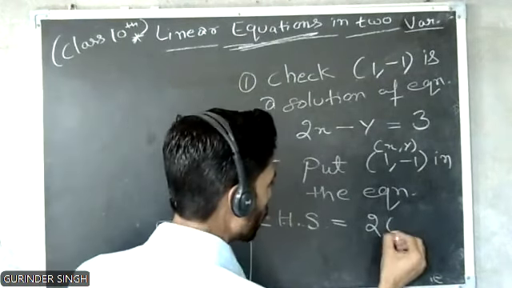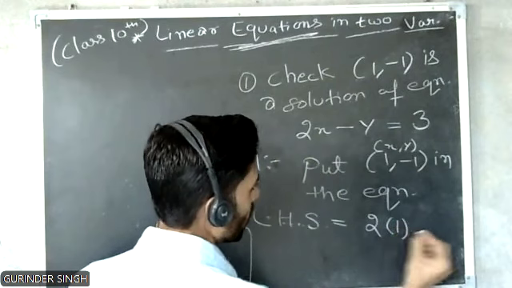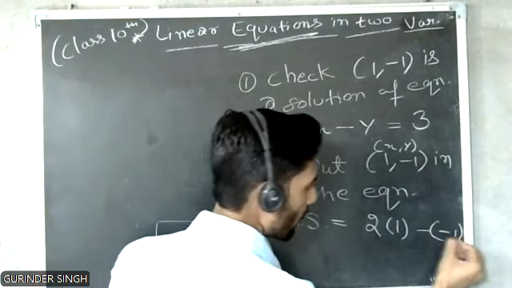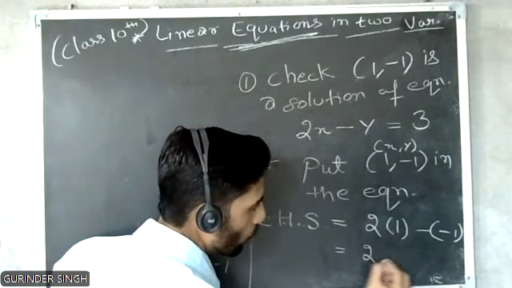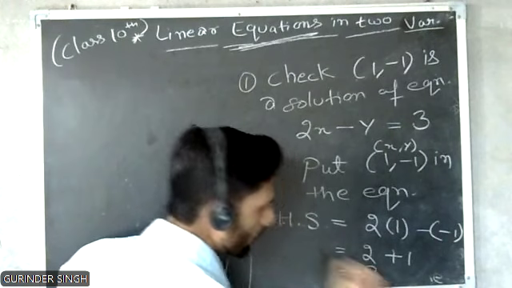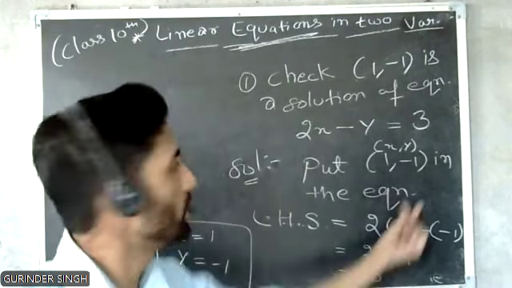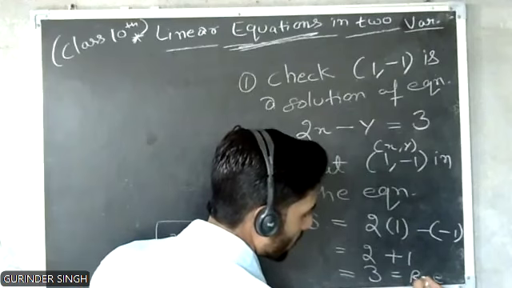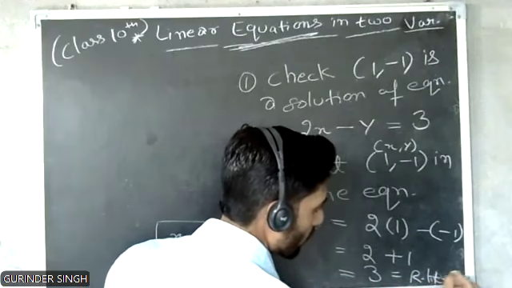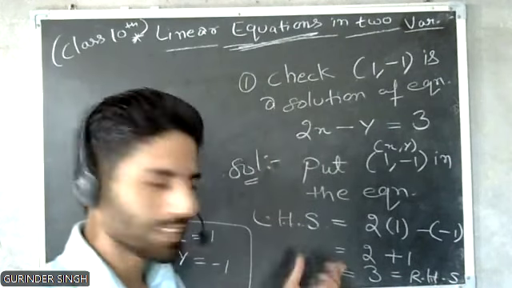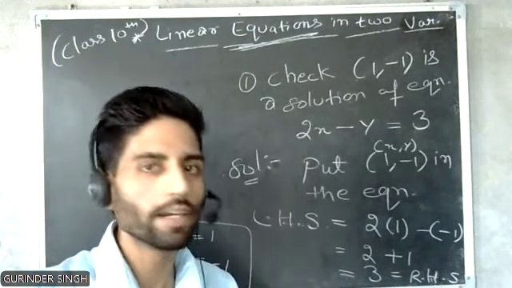So at the place of x, I'm putting 1, and at the place of y, I'm putting minus 1, right? So this will be 2 minus minus, plus, okay? So this will be 3, which is nothing but the right hand side. It means left hand side is equal to the right hand side.